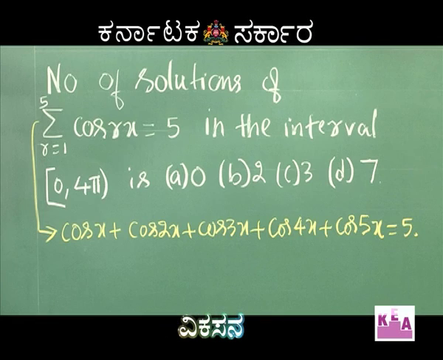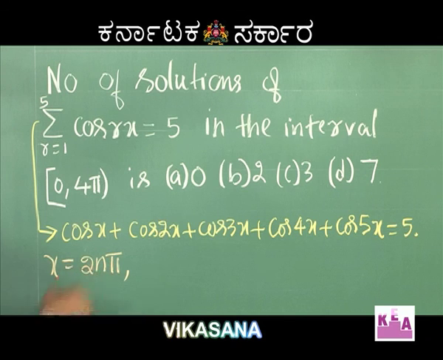Now, clearly, cos x must be equal to 1, cos 2x must be equal to 1, cos 3x must be equal to 1, cos 4x and cos 5x, each of them must be equal to 1. That clearly says, straight away we can see x must be equal to 2n pi. But there is a clear restriction on x, that is x must belong to 0 to 4 pi, including 0 and excluding 4 pi.